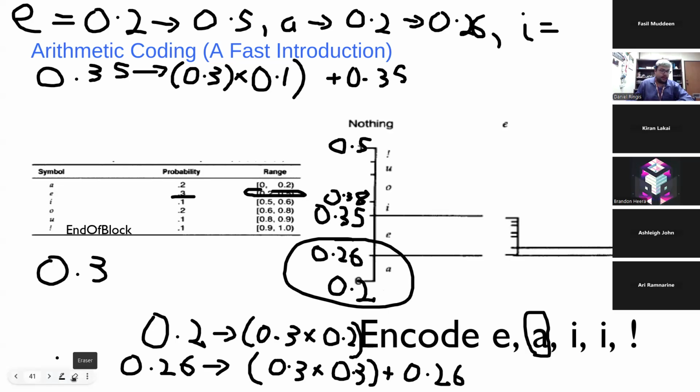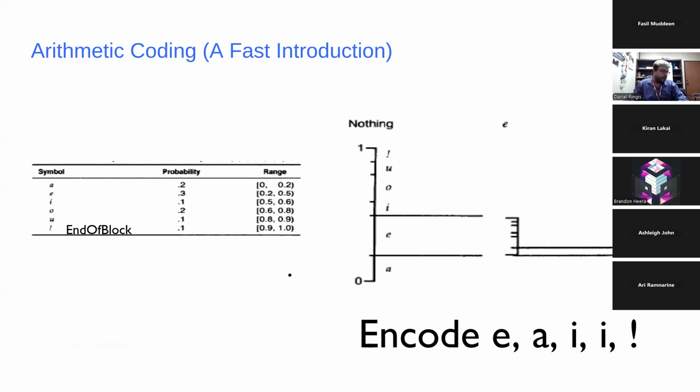So I'm going to leave you all to try and get me the ladder for I in between 0.2 and 0.26. I'm going to erase everything now and neaten this up so we can get an example. So we're going from 0.2 to 0.26, and we want to draw this ladder out.